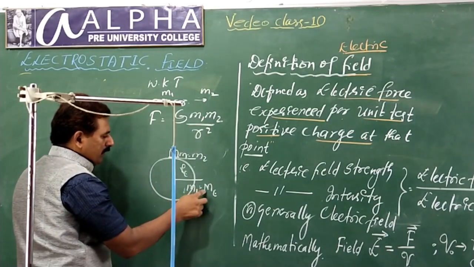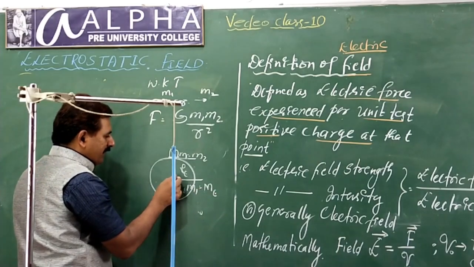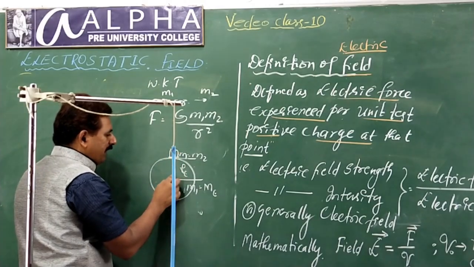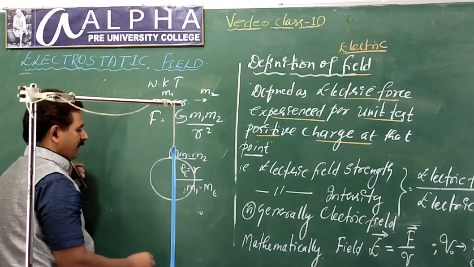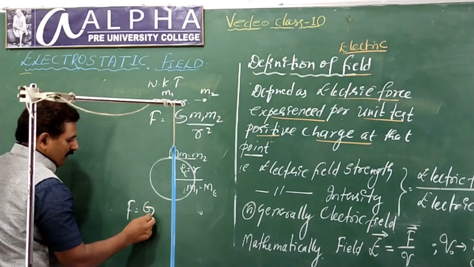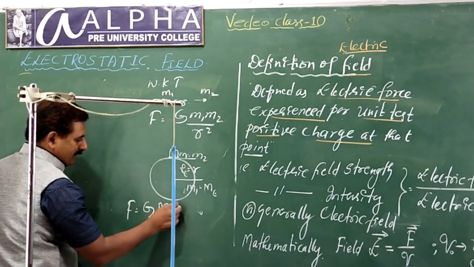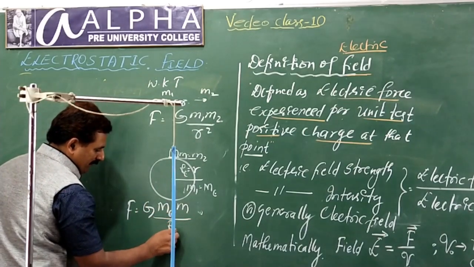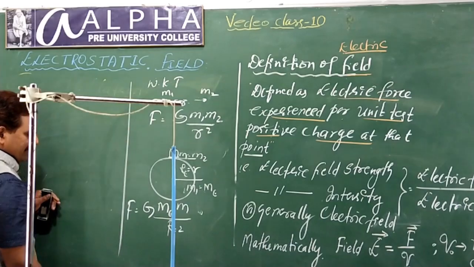Separation between the centers is almost the radius of the earth, that is your r. Now F equals G Me m divided by Re square. This is gravitational force.